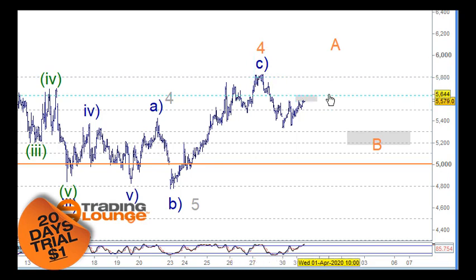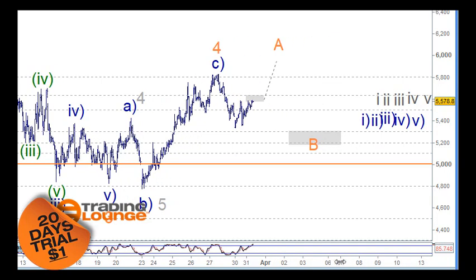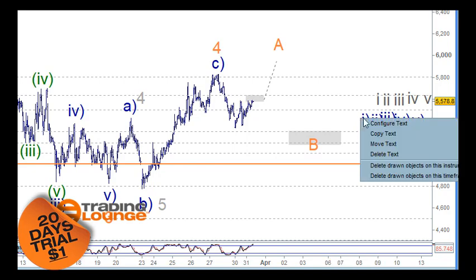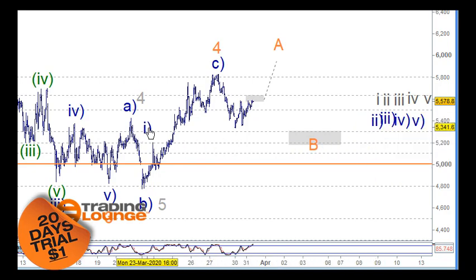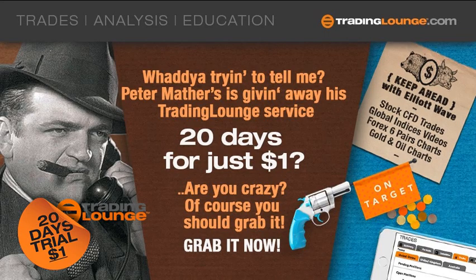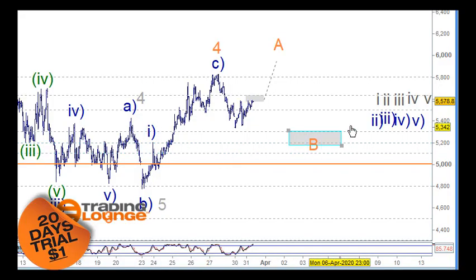But if this is breached, if we get support on 5,630 here, that means the market is obviously going to be going to the upside from that point, and that's going to put a different slant on this. So I would need to look at this possibly in a different way. I wanted to look at this as wave 1 here.